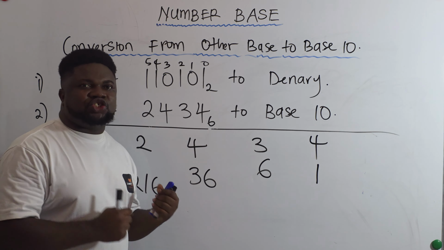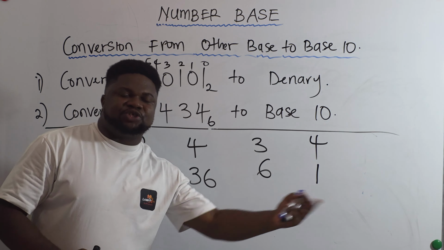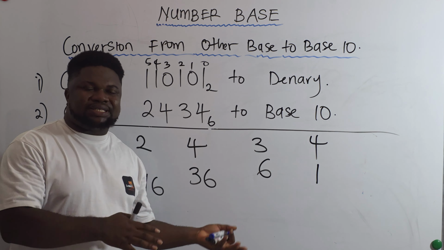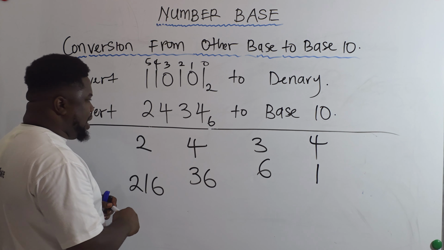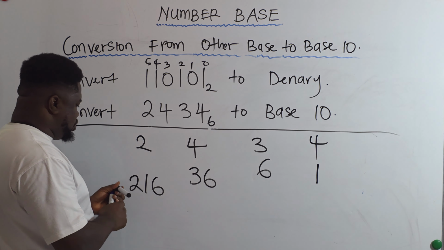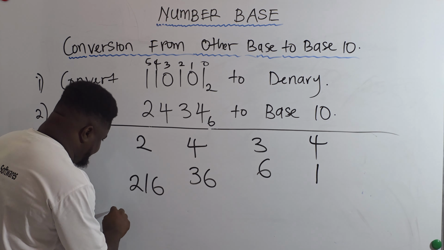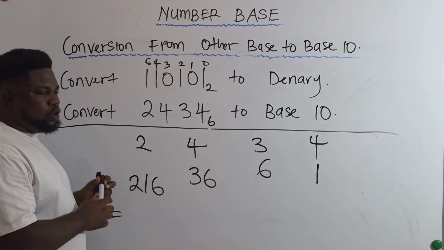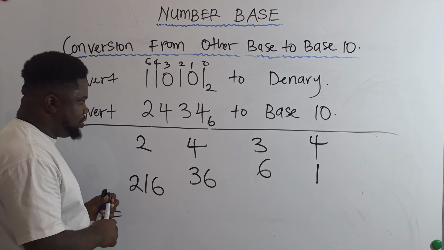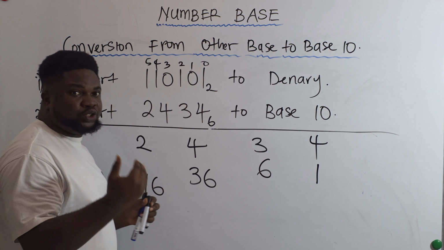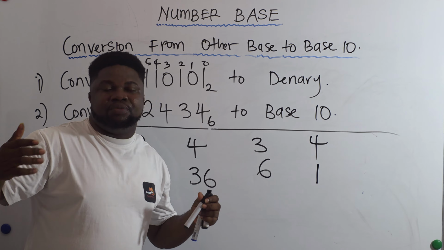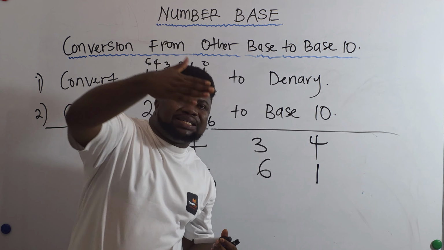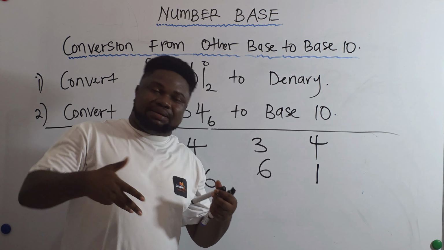This case is not like the case of base 2, where they will have 1s and 0s. In this case, we have something to do here. Watch. Before you add, base 2 said those ones having 1 on top are the ones we are adding, because 1 times anything gives that same thing.